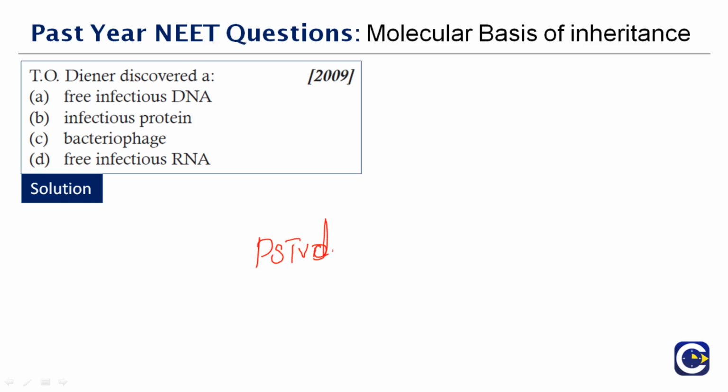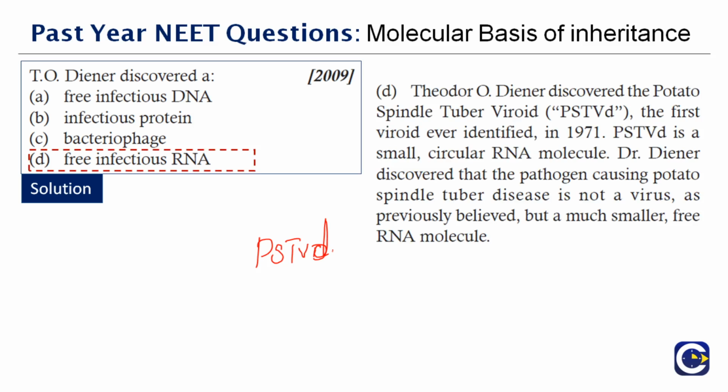The first viroid ever identified was in the year 1971, and if you see, it is a small circular RNA molecule. Theodore discovered that the pathogen causing potato spindle tuber disease is not a virus, as previously believed. It was more like just an RNA. Therefore it was free infectious RNA, which is option D, the right answer.